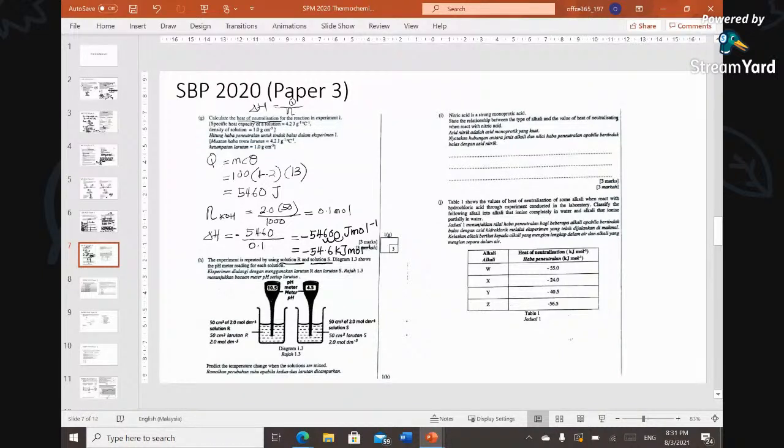Predict the temperature change when the solutions are mixed. So you have to predict with these pH values over here. How are you going to predict?